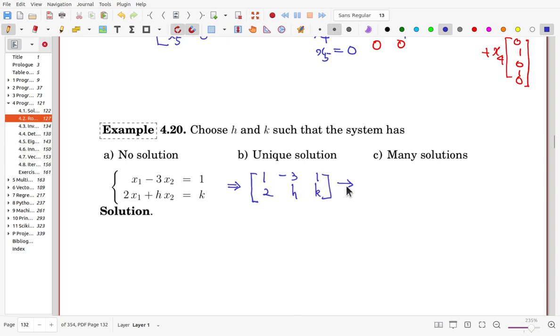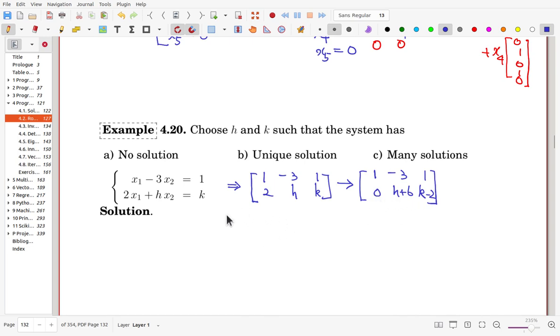So we try to eliminate this one. Twice subtraction makes 0, then h plus 6, and then k minus 2. Okay, so it is in echelon form.